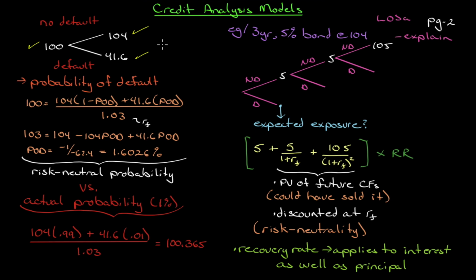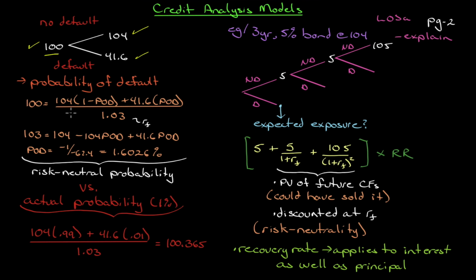Let's calculate a risk-neutral probability of default on this one. Well, what we need to do is figure out what our payoffs are. We need a probability here and a probability here of these payoffs discounted back to today at the risk-free rate to equal 100. And that's how we'll calculate the probability of default.